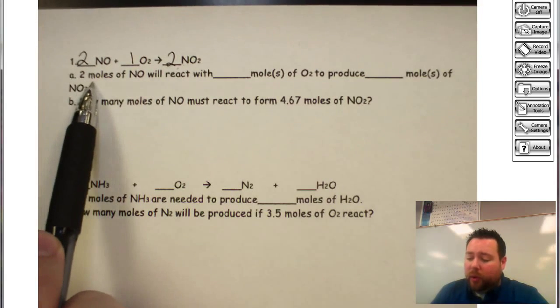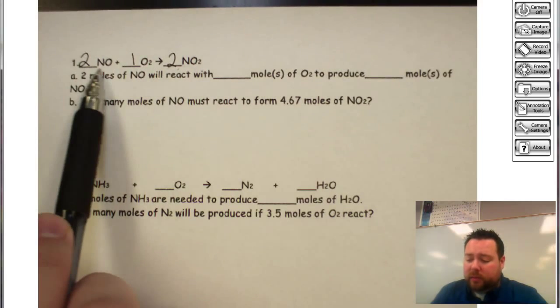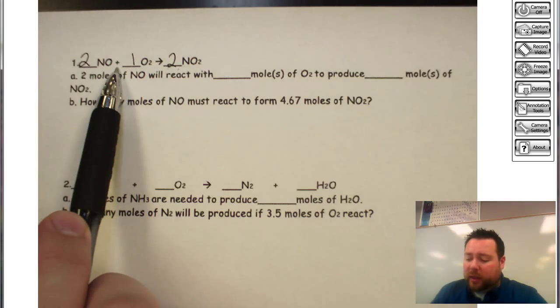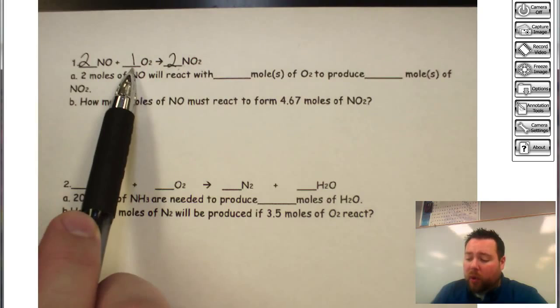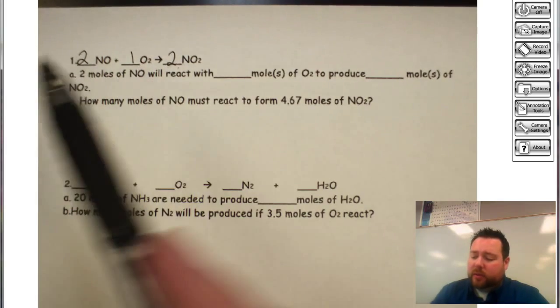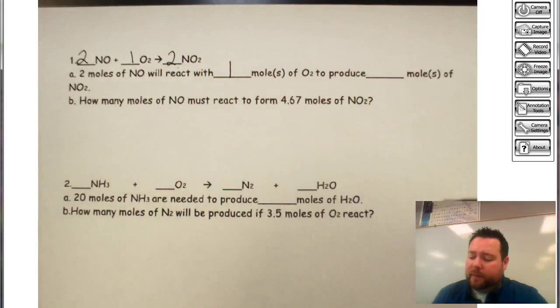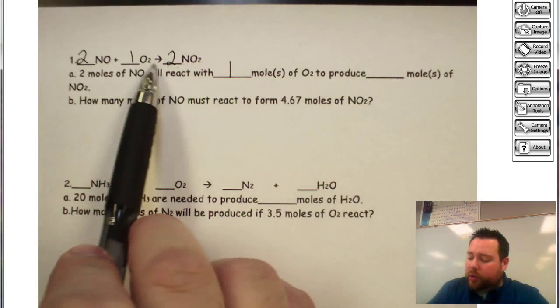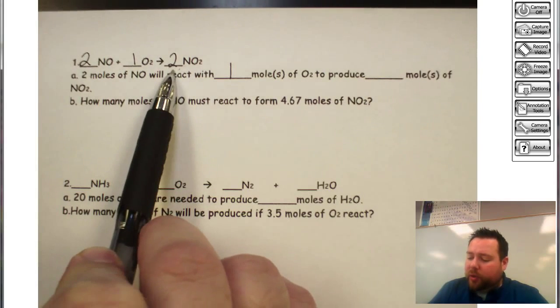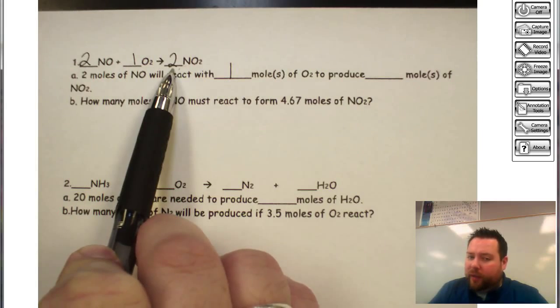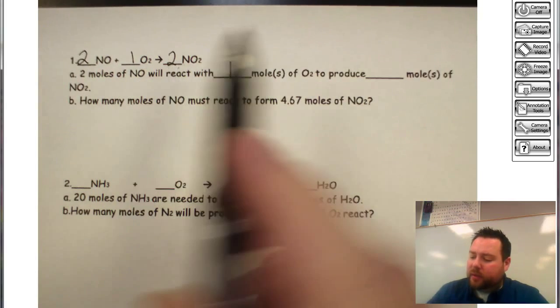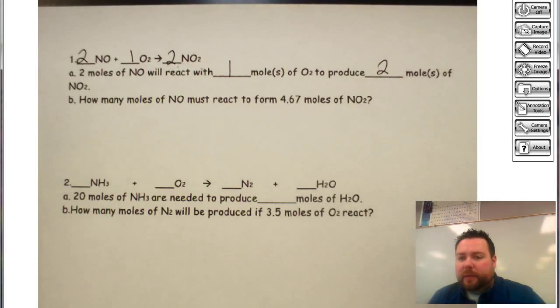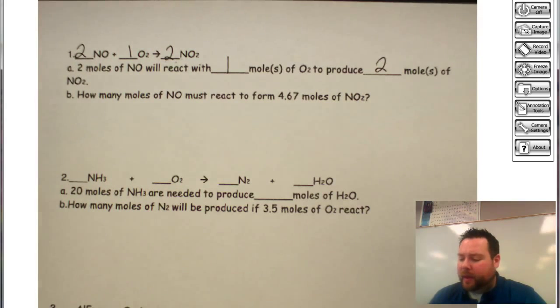So 2 moles of nitrogen monoxide will react with 1 mole of oxygen, so I'm going to plug a 1 in right here, to produce 2 moles of NO2, nitrogen dioxide, so I'm going to put a 2 right here. Very simple, easy as eating pancakes. We're just plugging those numbers in, showing the relationship between the reactants and the products.